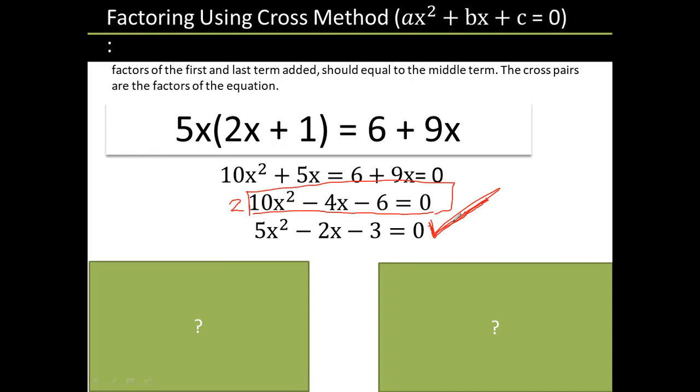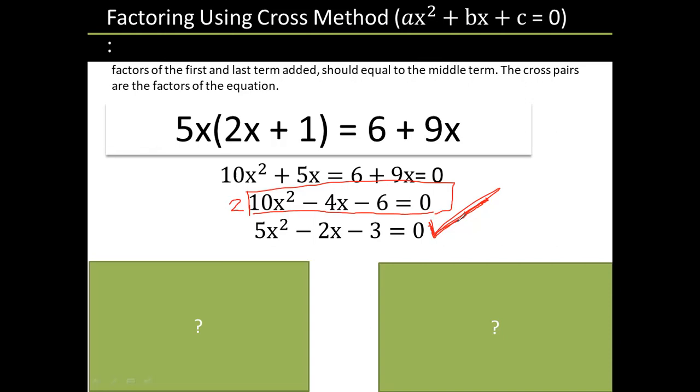All right, I will give you 1 minute. Factor out that equation, 5x squared minus 2x minus 3. You have 1 minute and I will ask some of you. Poon, I asked already. Haruka. All right, Grace and Baikao.